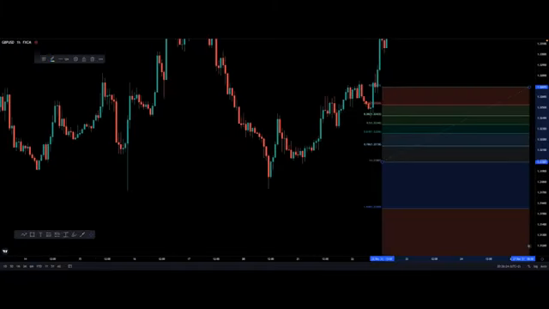Now let's have a look at the fib retracement tool. Before we dissect this on a chart, let's not dive into too much detail, because the history behind the fib is irrelevant. You don't need to know that.